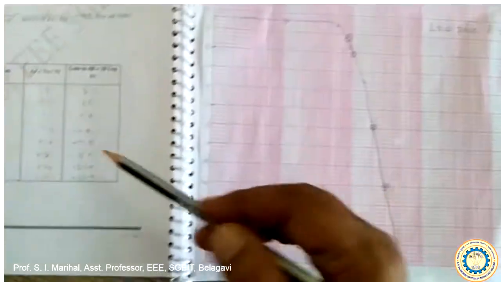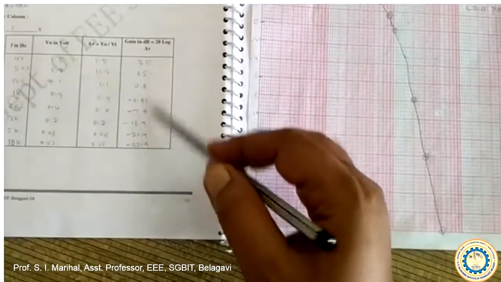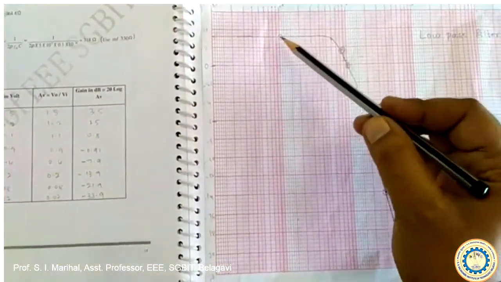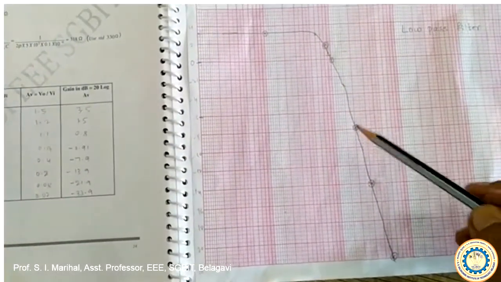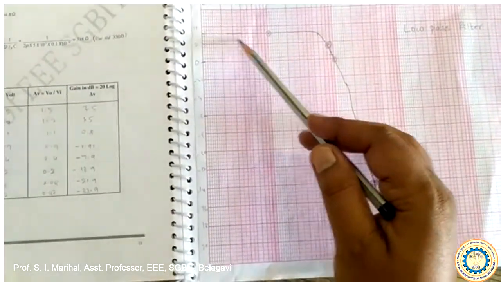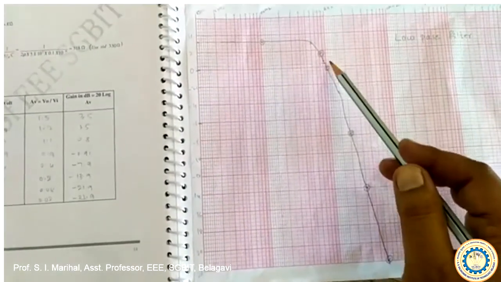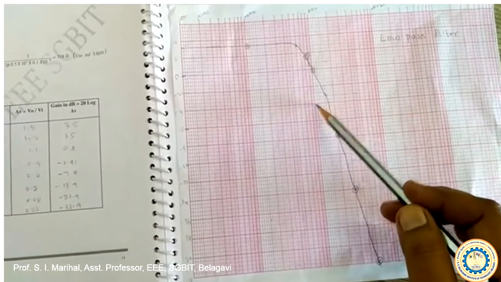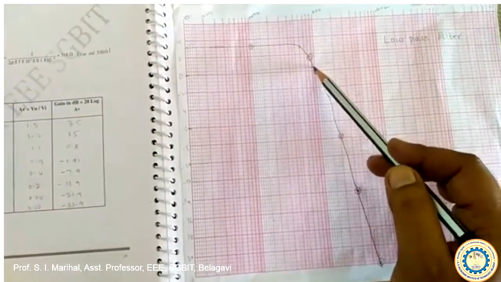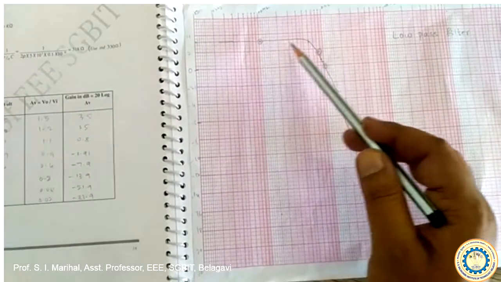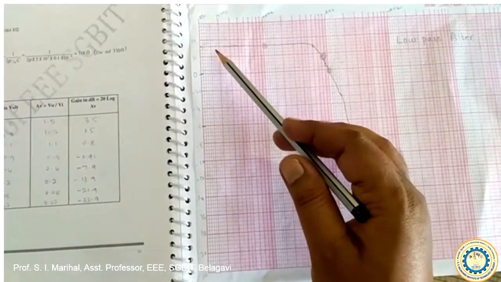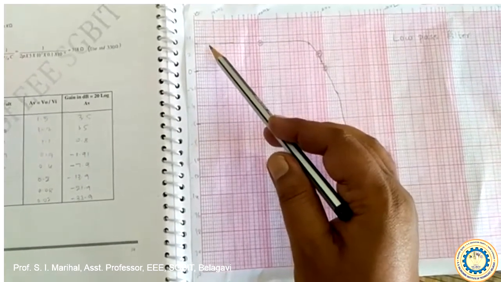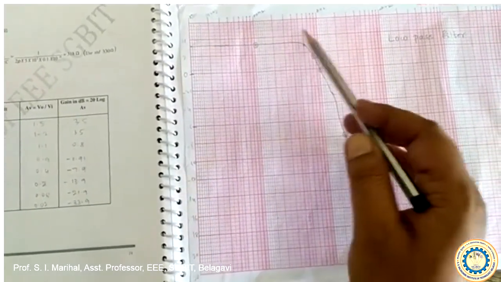From the calculated values of the gain, we can plot the graph, and we have got the graph like this. We can see that for frequencies less than the cutoff frequency, which we have designed as 1 kilohertz, the gain is almost constant, which means the signal was able to pass to the output for frequencies up to 1 kilohertz.